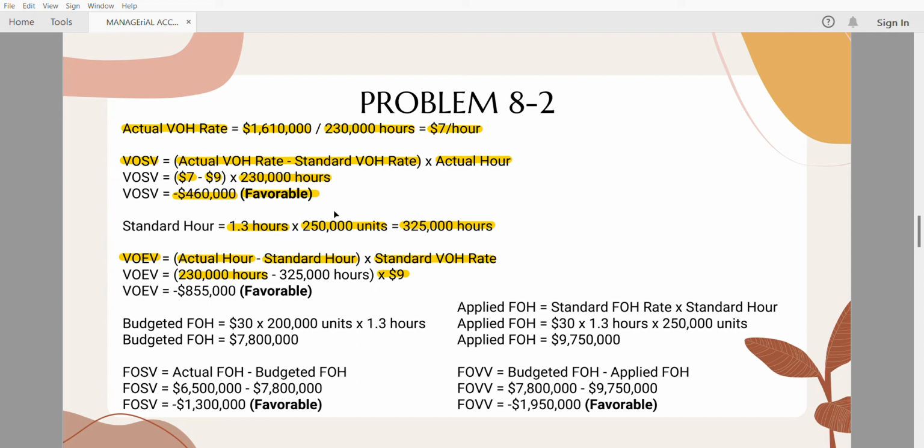That's why we use the actual amount for the units. Okay, and after that we get the standard hours, which is 325,000 hours, and calculate it, we get 855,000 minus, so it's favorable.